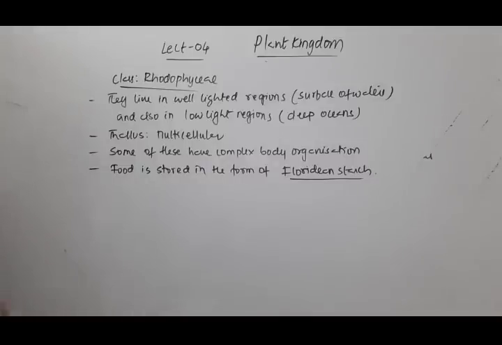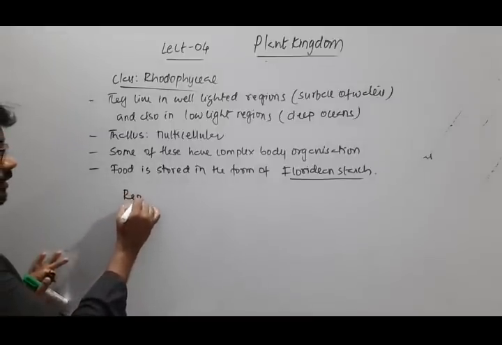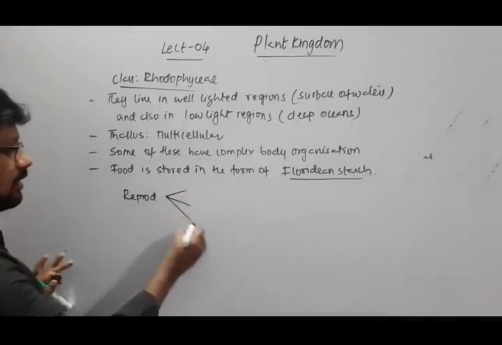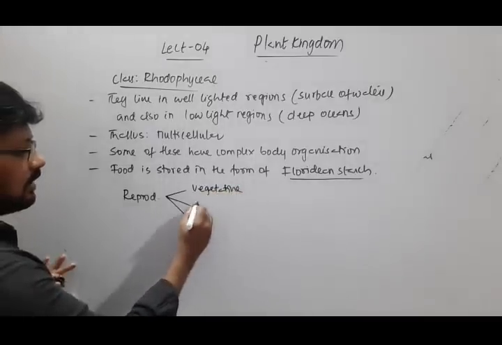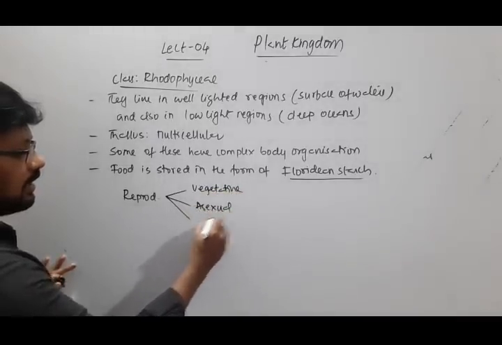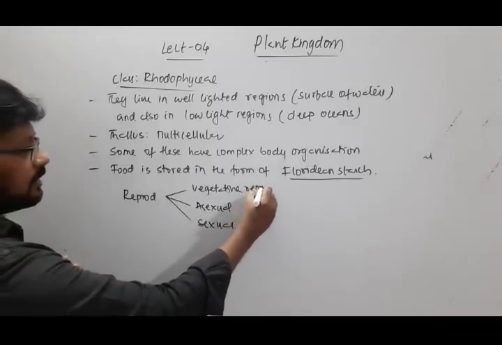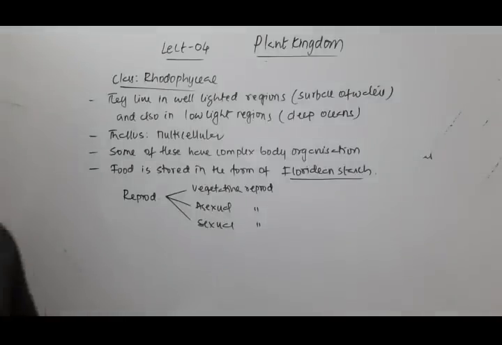And coming to the mode of reproduction. This group has all three modes: vegetative, asexual, and sexual reproduction.